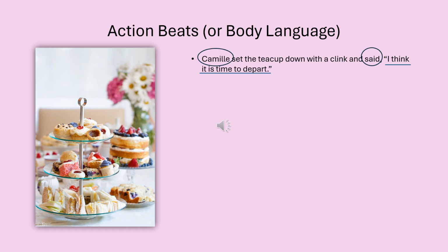Camille set the teacup down with a clink, and Camille said. So "Camille set the teacup down with a clink" is the action beat. She is setting the teacup down, and then we're describing the sound it makes. So this is an example of an action beat and a dialogue tag rolled together into this compound sentence, and they're done before the dialogue.